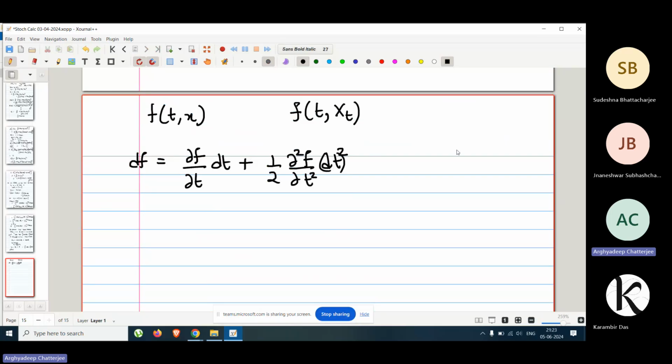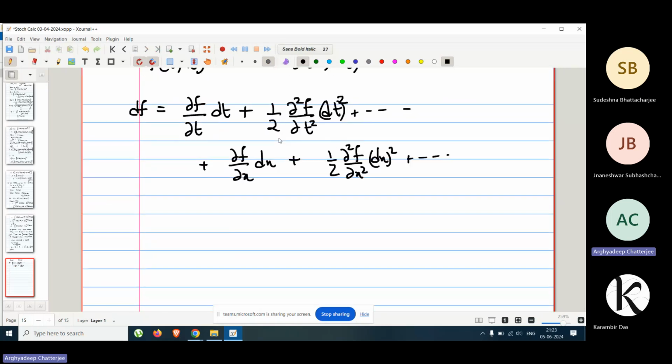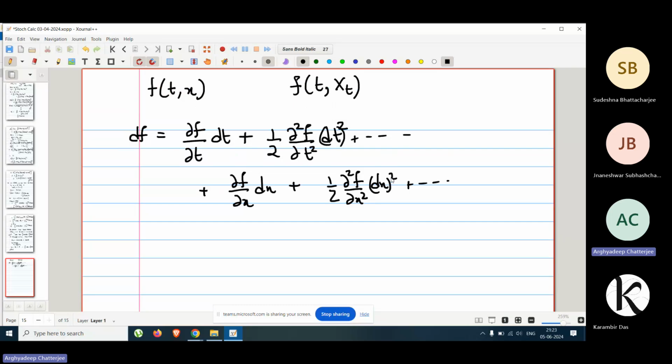The rest should go to 0. And for the x variable, we will have del f del x dx plus 1 by 2 d2f dx2 dx squared plus dot dot dot. We want to keep terms of dx squared, because dx squared will contribute a term like dbt squared.